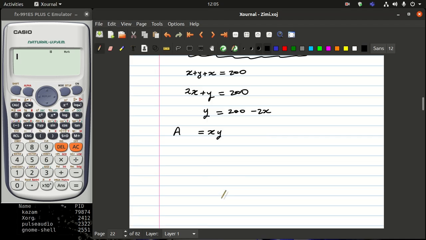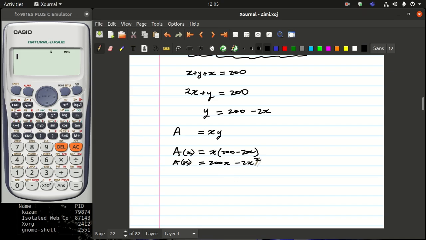And of course, we know our y, so we can say that our area is equal to x times (200 minus 2x), which is the same as 200x minus 2x squared. Once I substitute the y, this is a function of x, area as a function of x.